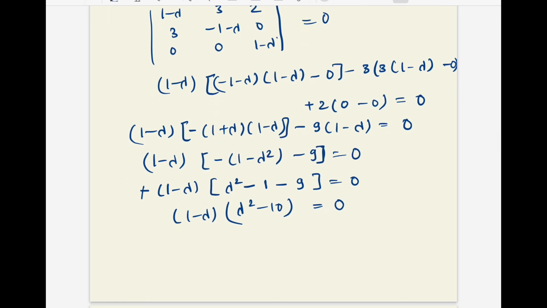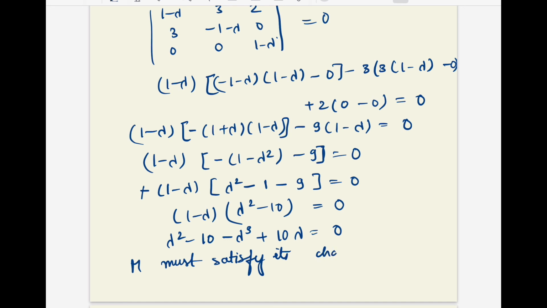So we have to solve this too. Lambda square minus 10 minus lambda cube plus 10 lambda. Now instead of lambda, m must satisfy its characteristic equation.